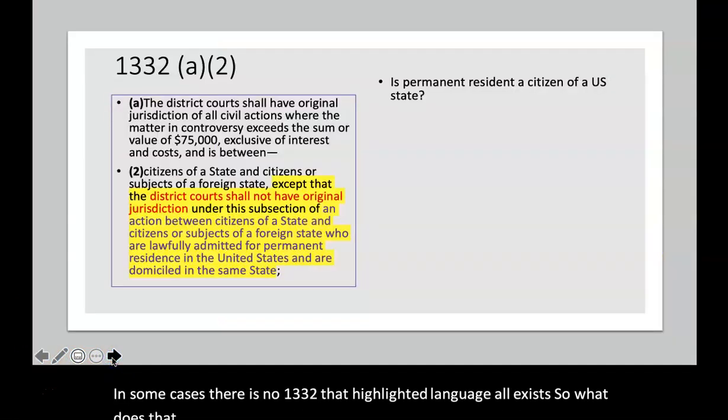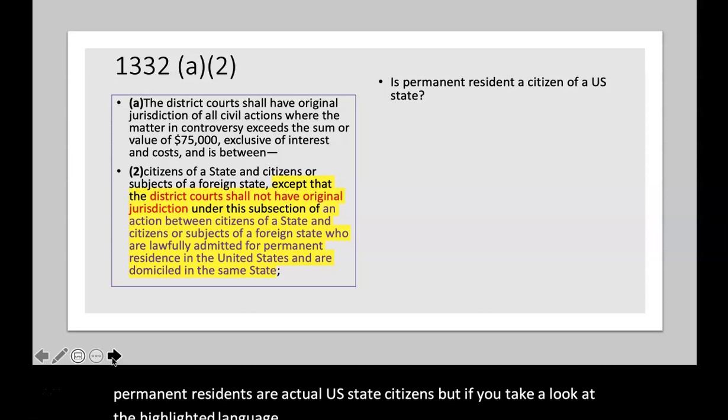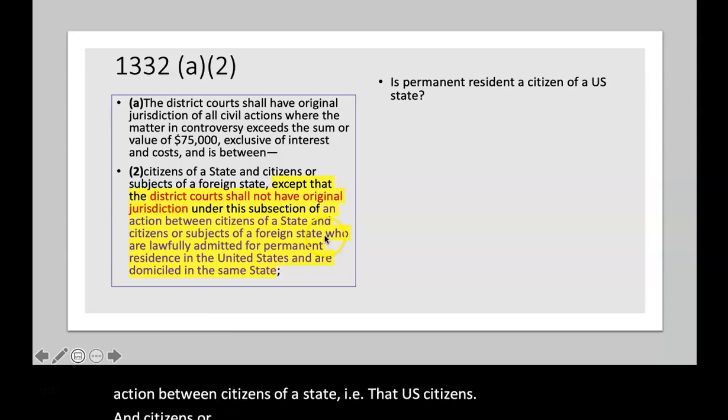Now let's take another look. Sometimes people think that permanent residents are actual U.S. state citizens. But if you take a look at the highlighted language, that's not what it says. Here it talks about an action between citizens of a state, i.e. the U.S. citizens, and citizens or subjects of a foreign state, non-U.S. citizens who are lawfully admitted.